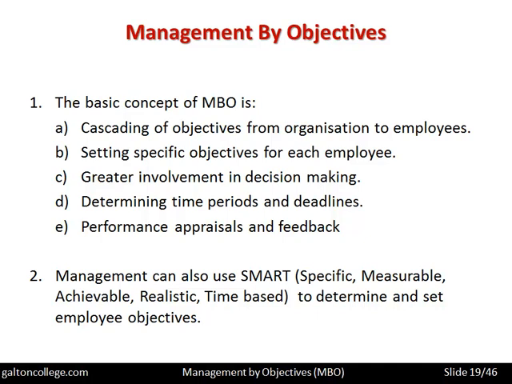They shouldn't be asked to try to achieve some outcome that's not realistic. It should be achievable. It should be realistic. It should be within their capability. And there should be some time dimension. They should be able to do it within an agreed time frame. So the SMART framework could be applied here in the context of management by objectives.